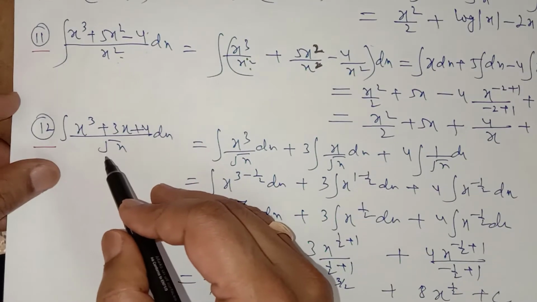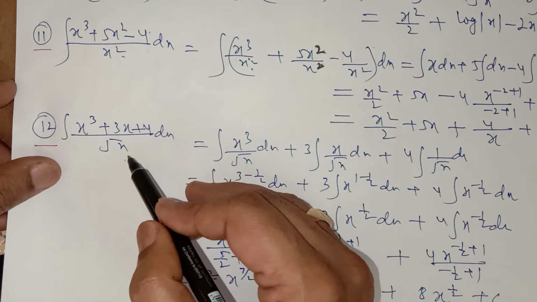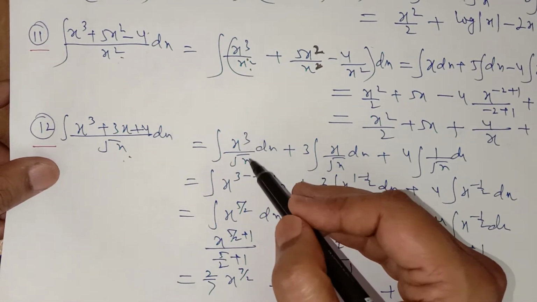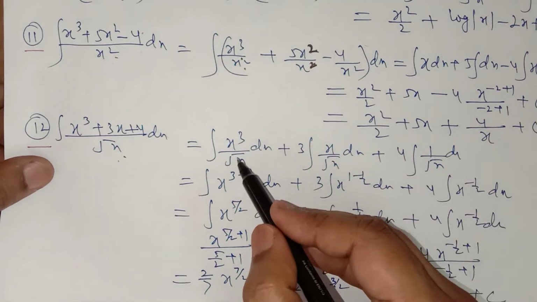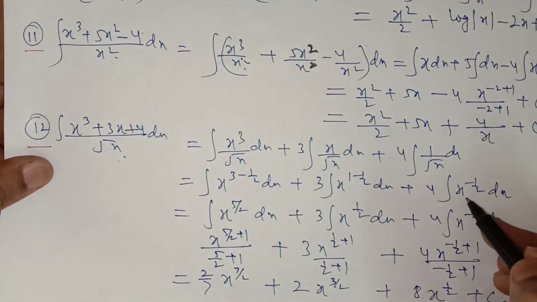Similarly is the question number 12. x cube upon root x, 3x upon root x, 4 upon root x. On division, the power will be subtracted. So x to the power 3 minus half, x to the power 1 minus half, x to the power minus half with respect to x. It will become 5 upon 2, it will become 1 upon 2, it will become x to the power minus half.